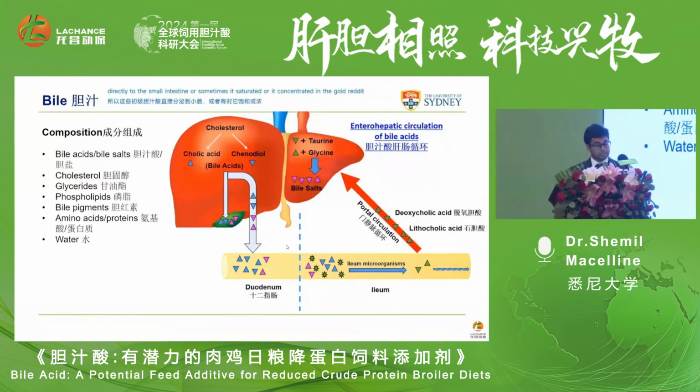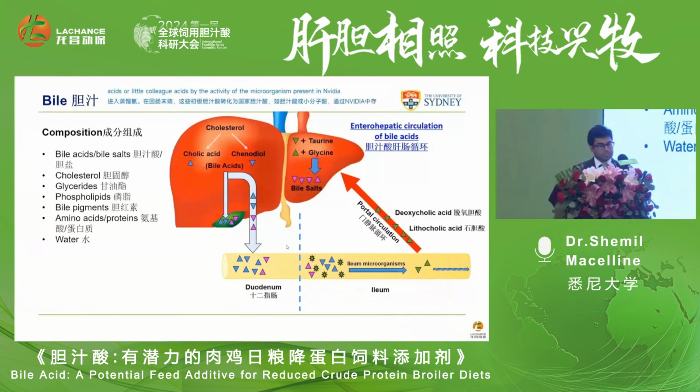Once the primary bile acids move into the small intestine, they go forward to the distal ileum, and in the distal ileum, these primary bile acids are converted into secondary bile acids, such as deoxycholic acid or lithocholic acid, by the activity of the microorganisms present in the ileum.